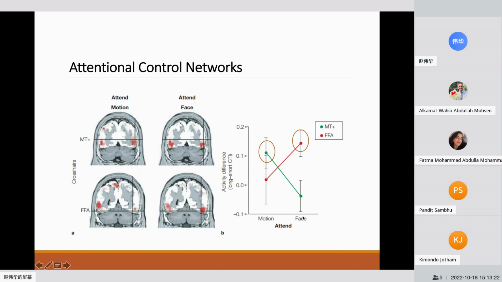But when participants were asked to attend to faces, the activity is higher than MT. So this shows MT plus is more involved in motion coding, and FFA is more involved in face coding.